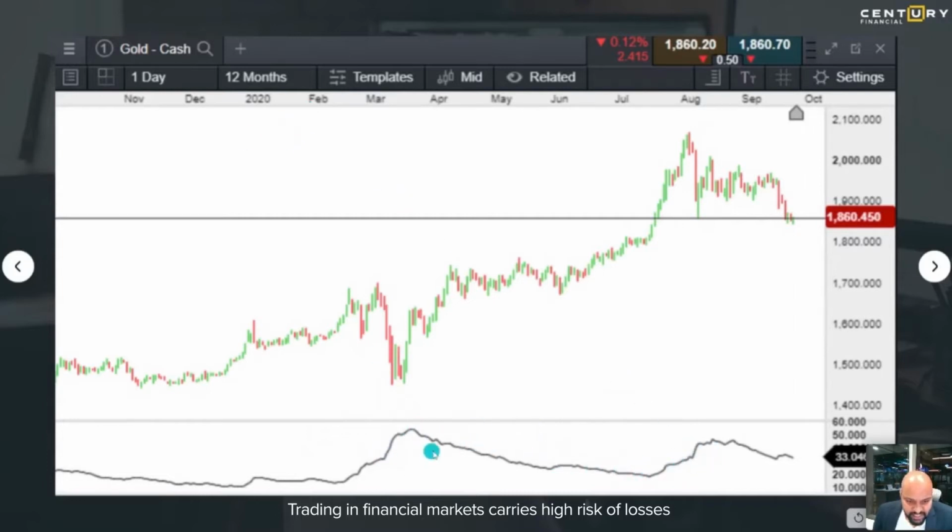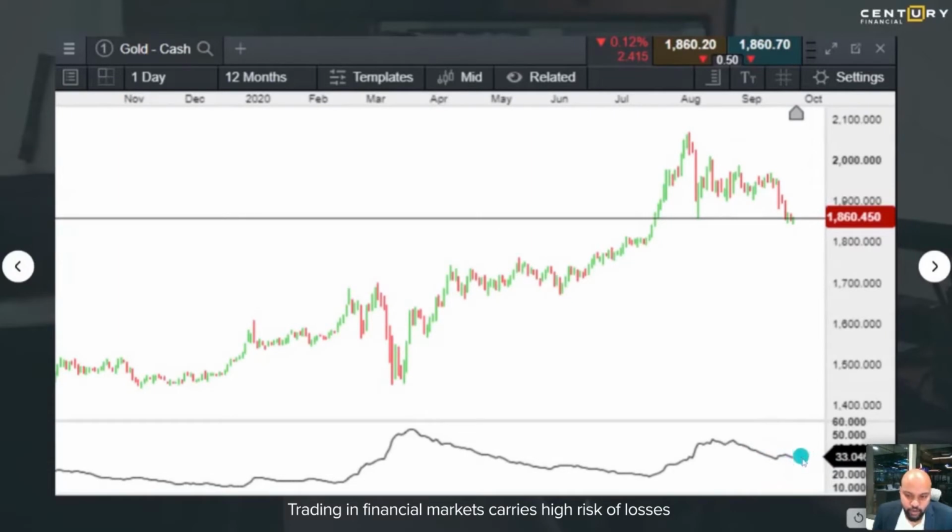What is this ATR actually trying to indicate to me is that today it shows 33.04. So this is indicating to me on a daily movement we can expect gold to move $33.